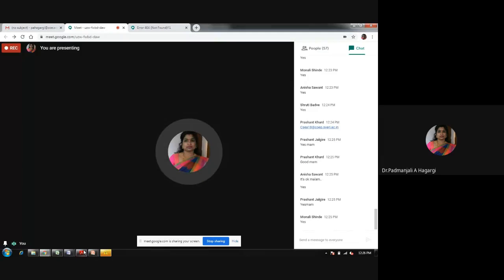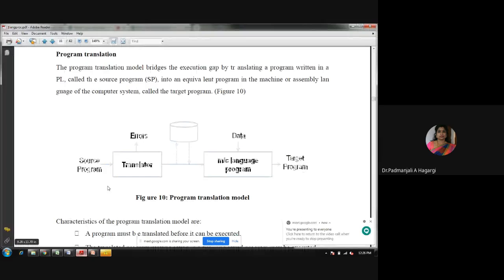Okay, I'll go to the next topic. These are the program translation. Well, it's all about the theory only. You need to understand what the program is translating. Translators are C and C++. You know very well that C itself is a compiler.